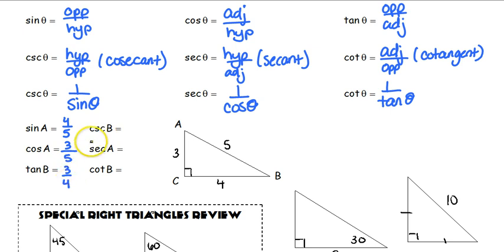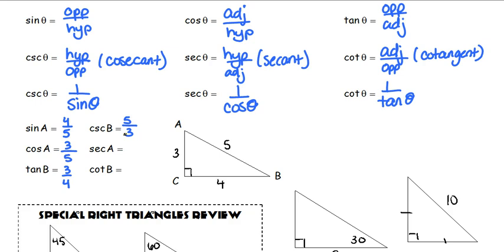Now we have some new ones, cosecant, and we want cosecant of B. When we look at cosecant, we want hypotenuse over the opposite side. So if this is B, the hypotenuse of that triangle is 5, and the opposite side, opposite B, is 3, so that's 5/3.